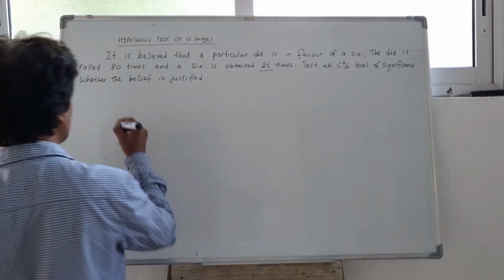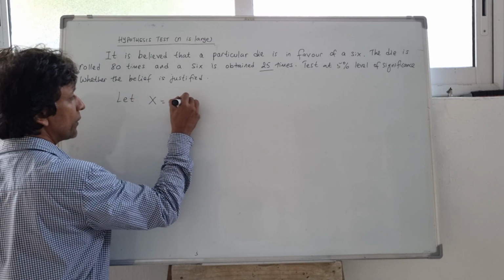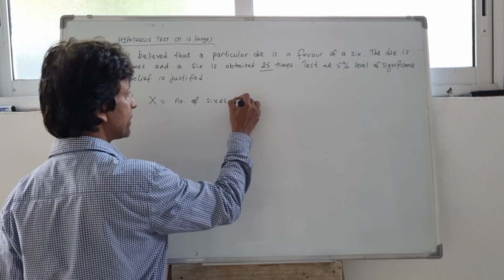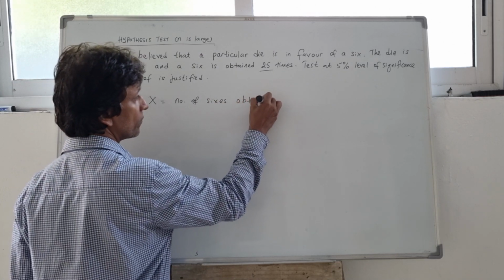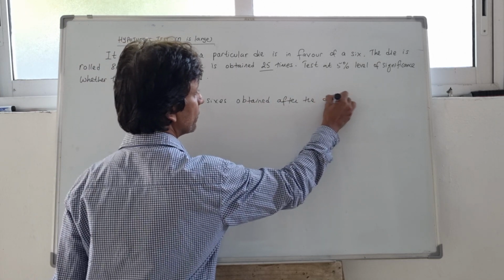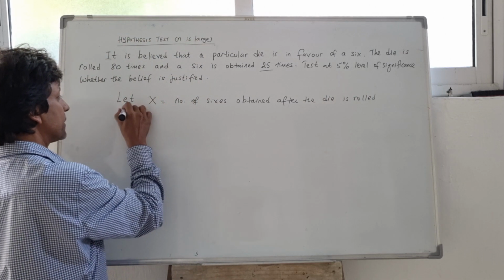Now, first of all, I'm going to let x equal the number of sixes obtained after the die is rolled 80 times.